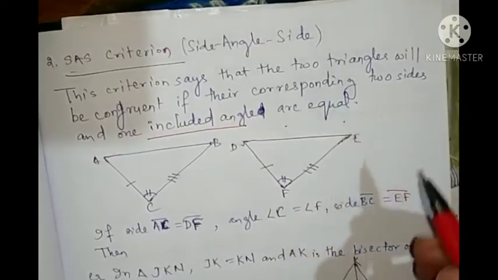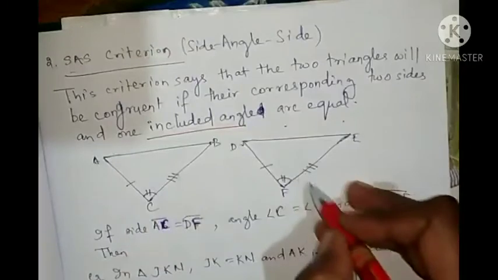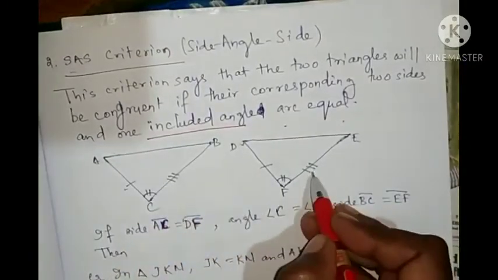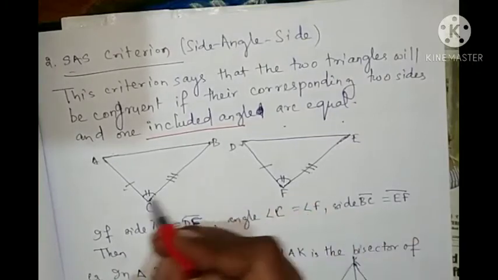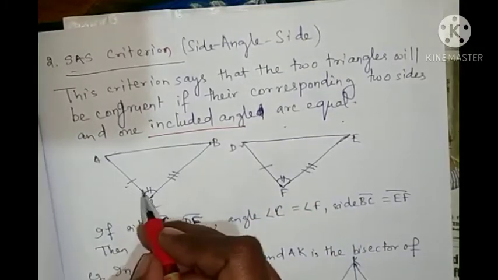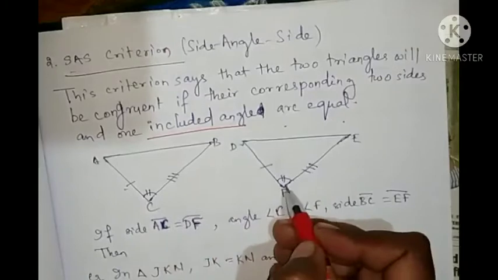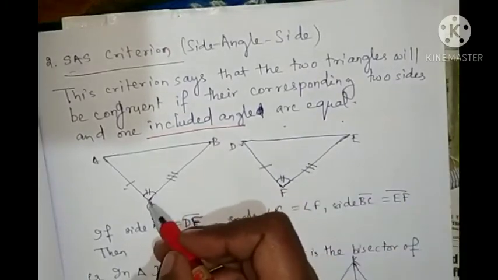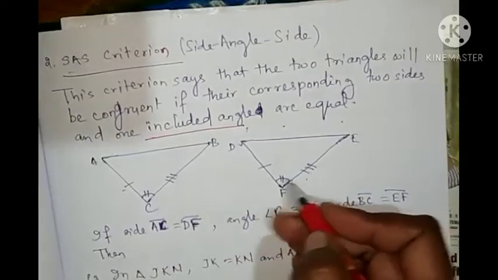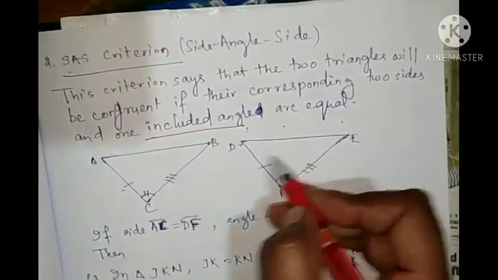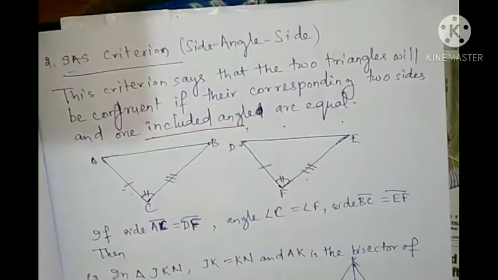The angle between two sides is called the included angle. If these are equal, then the two triangles are congruent.